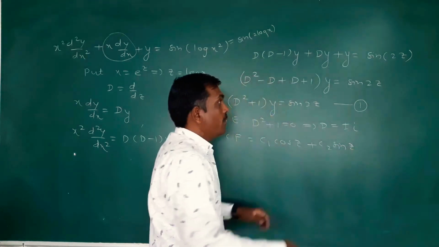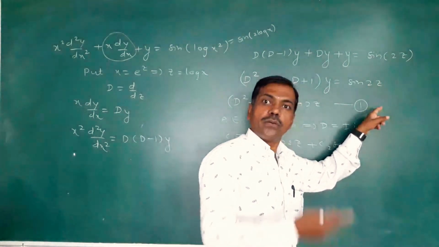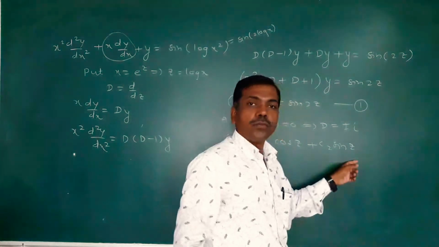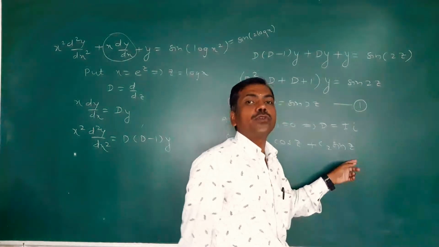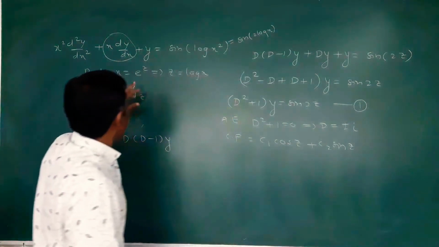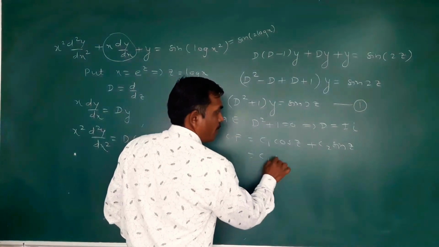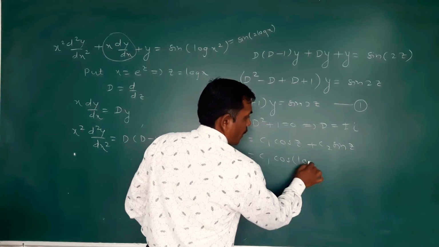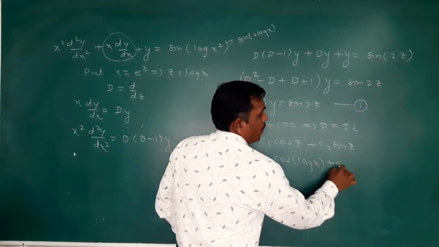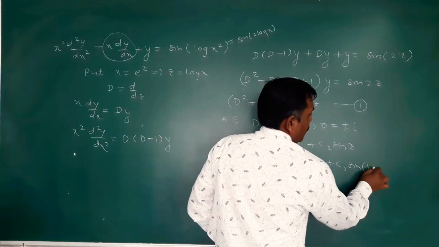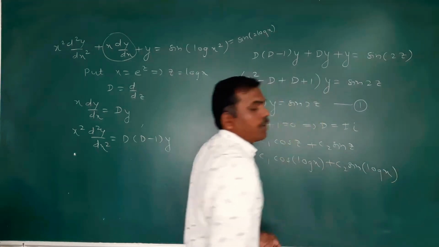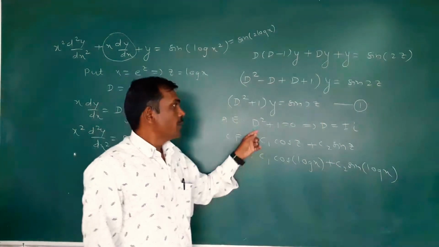Keep in your mind, there is no x here, in terms of z. So I get answer in terms of z, but I want answer in terms of x. So what is the value of z here? z is log x. So I can substitute that value. I get C1 cos log x plus C2 sin log x. Understood? So this is our CF.